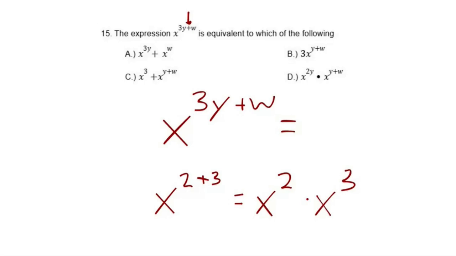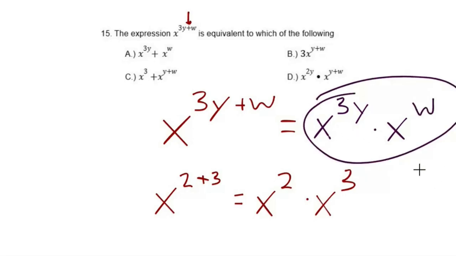And if we split it at the plus sign and make two terms, we'd have x to the 3y, excuse me, and then times x to the w. So if you had started with this, you could say, oh, that's using the product property of exponents. I think it's the product property. I might be getting that wrong. Well, we could add them together and just write one exponent raised to the two exponents added together.